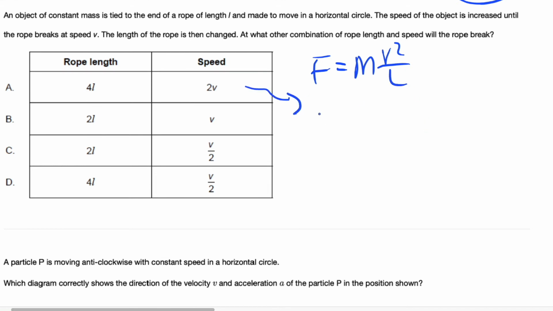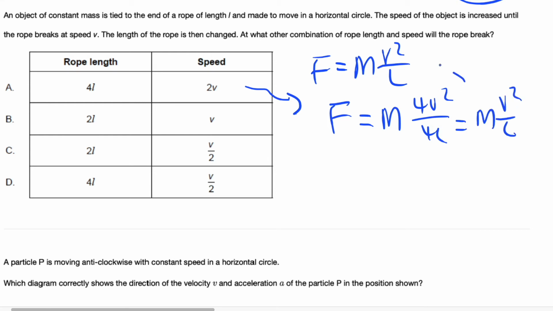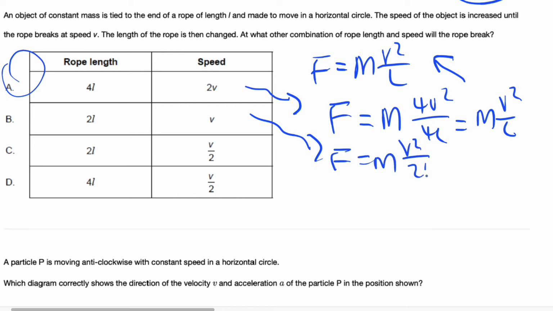And here for option A, your centripetal force is also going to be equal to 4v squared divided by 4L, which is equivalent to this quantity here. So A is the answer. So you can also calculate for B. So it's different. It's equal to v squared over 2L.